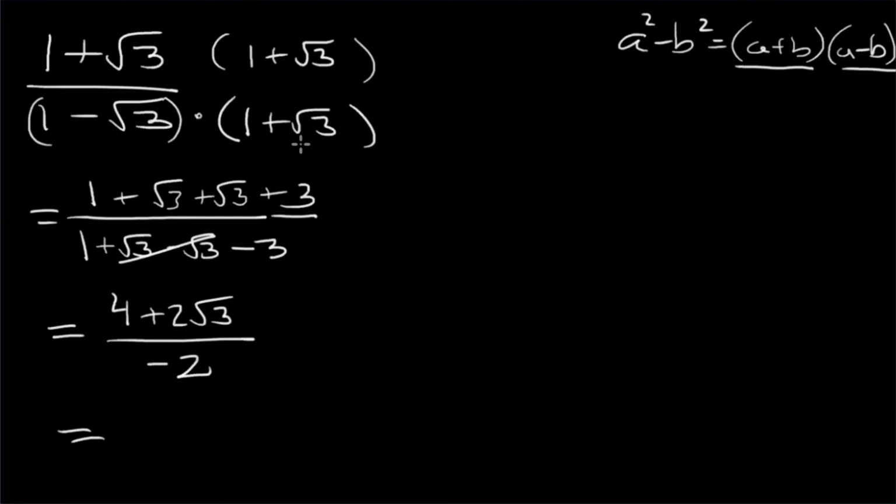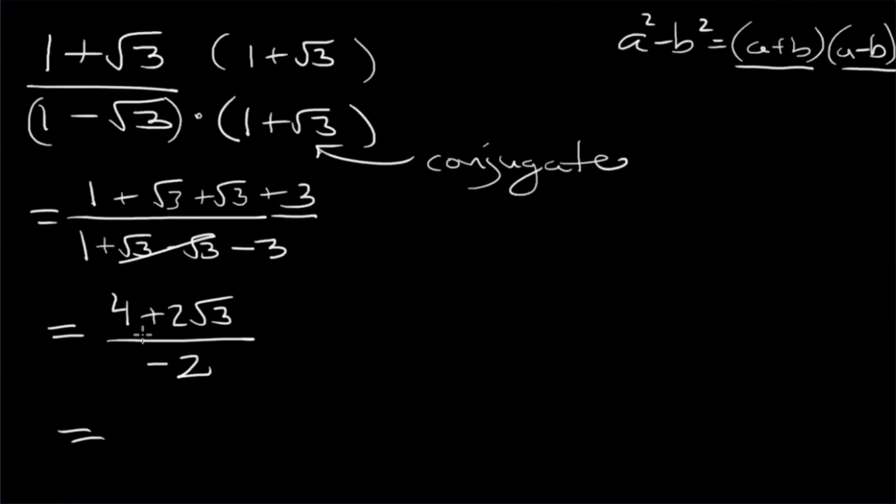This is called the conjugate. And this is a more advanced way of rationalizing. So when you have addition or subtraction with two different ugly expressions, or a nice expression and an ugly expression added and subtracted, then you use what's called the conjugate, which is you just change the operator between them. You have to do the same thing to top and bottom.